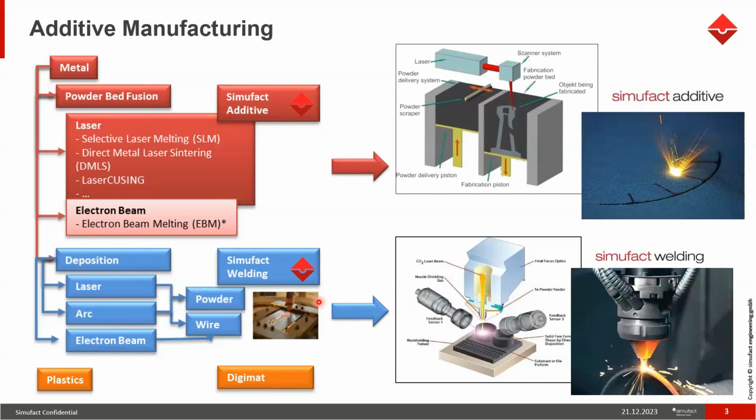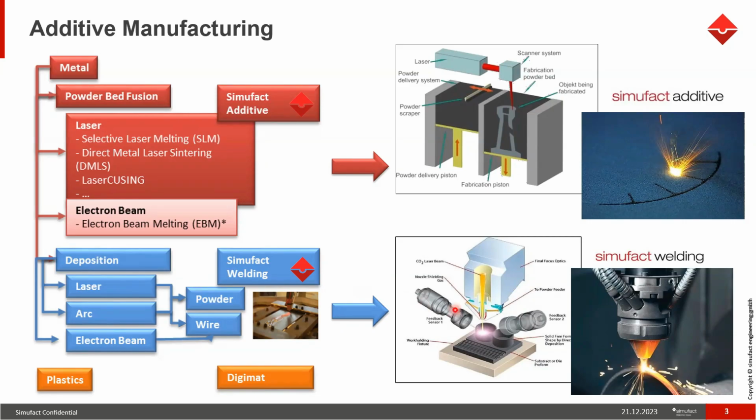This can be simulated in our welding software, like we saw yesterday. Likewise, we can go on depositing the material layer by layer. In the Simufact welding, there is a direct energy deposition module where you can easily define your trajectories, your path to build the component layer by layer.